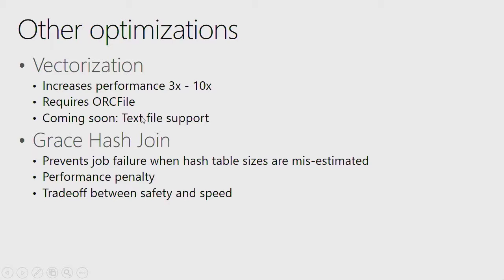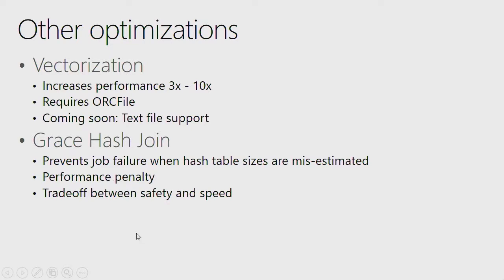The key thing here is, how does vectorization work? Instead of taking one row and doing some operations on it, it takes like 1,024 rows and does operations on them. So it is able to do more processing with fewer function calls, thus improving the performance.